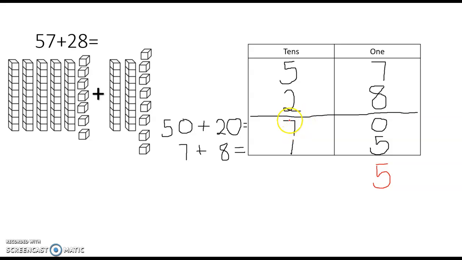I have 7 tens, and then in 15 I have 1 ten. 7 and 1 is 8. So altogether I've got 8 tens. So my answer is 85. I put the partial sums together to get the actual sum, which is 85.